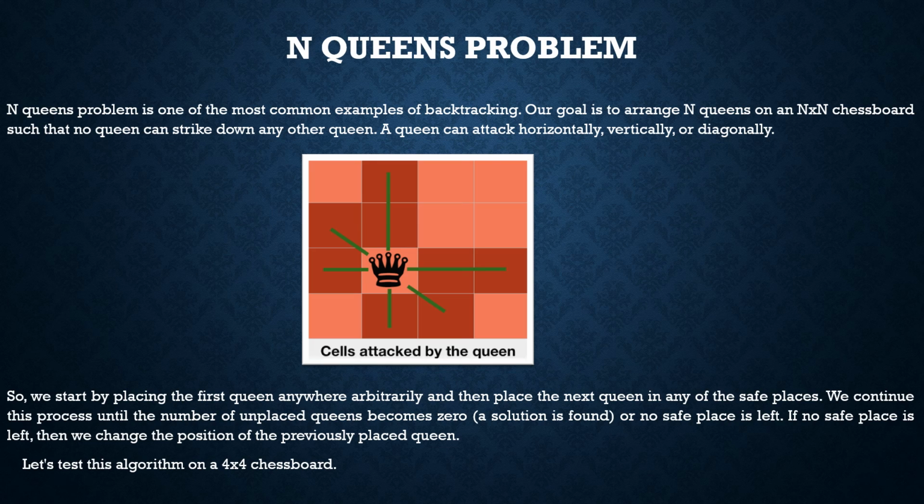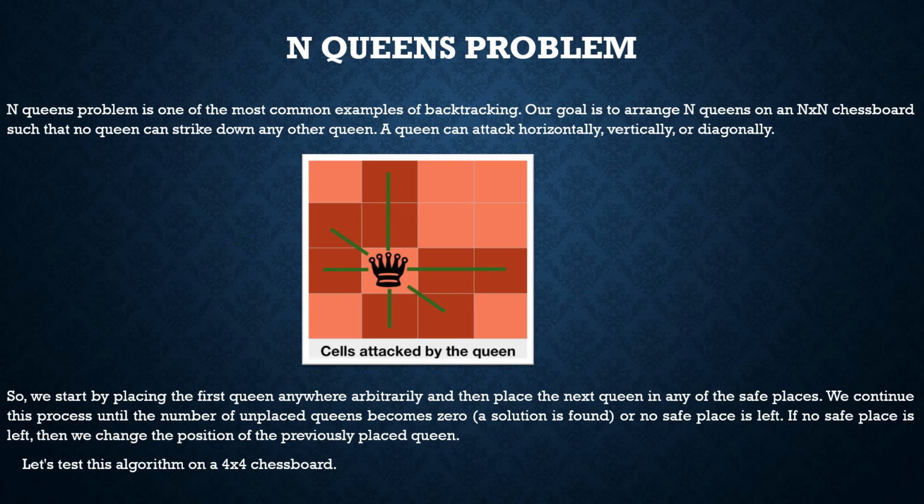So, we start by placing the first queen anywhere arbitrary and then place the next queen in any of the safe places. We continue this process until the number of unplaced queens becomes 0 or no safe place is left. If no safe place is left, then we change the position of the previously placed queen.